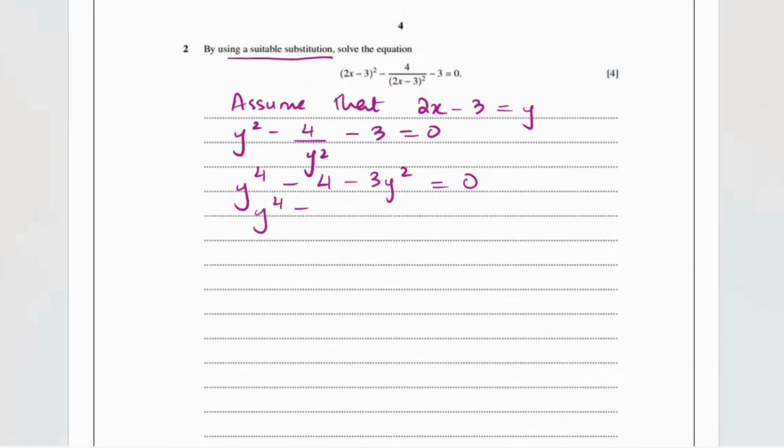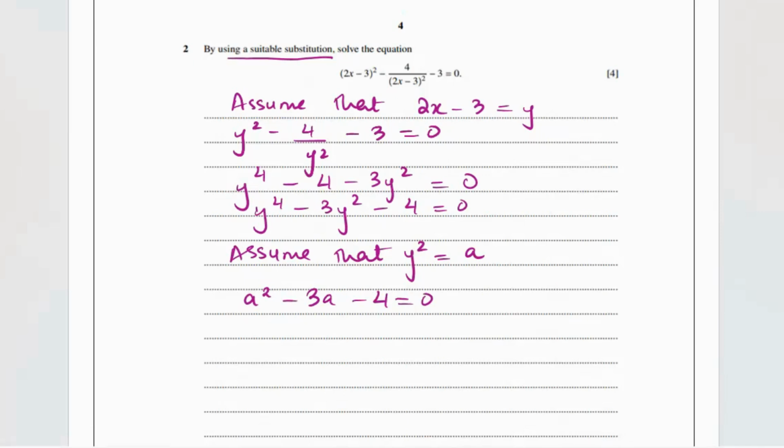So y to the power 4 minus 3y squared minus 4 equals to 0. To make this further simple, you assume that y squared is a. So now it's going to be a square minus 3a minus 4 equals to 0.